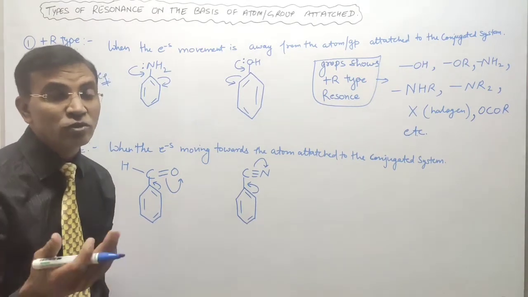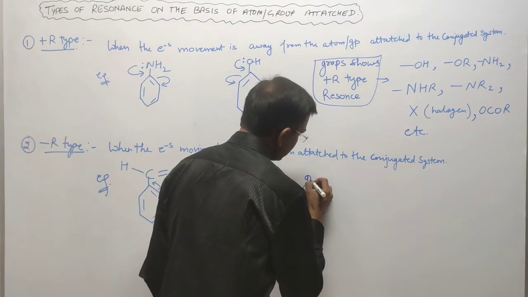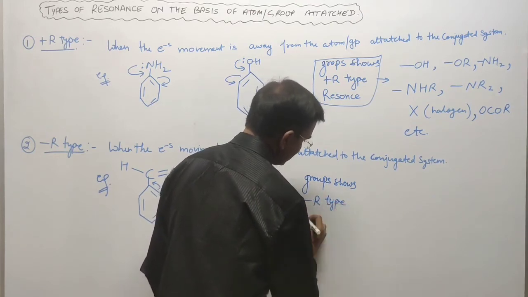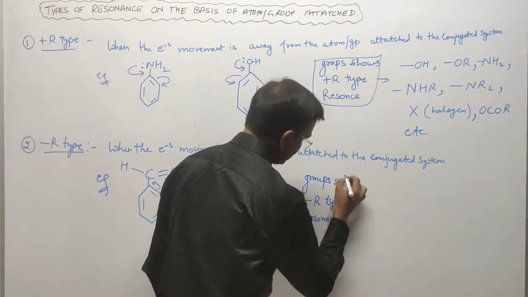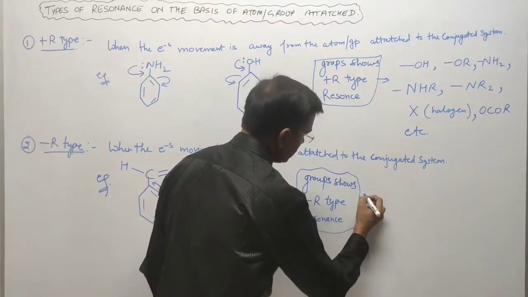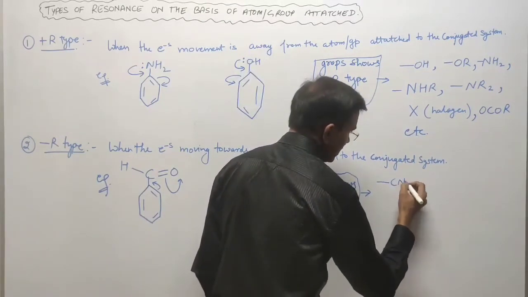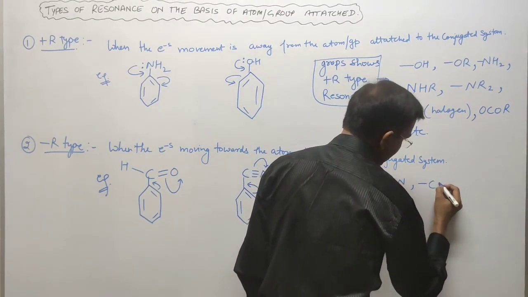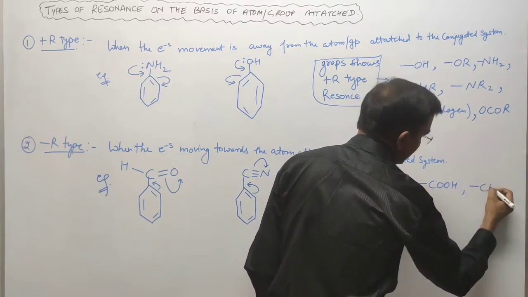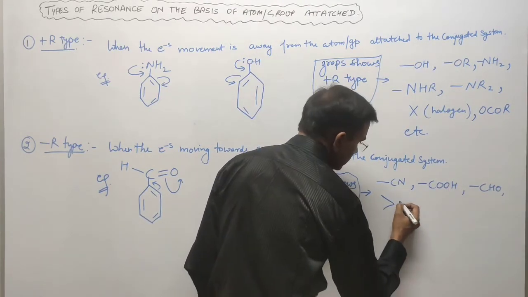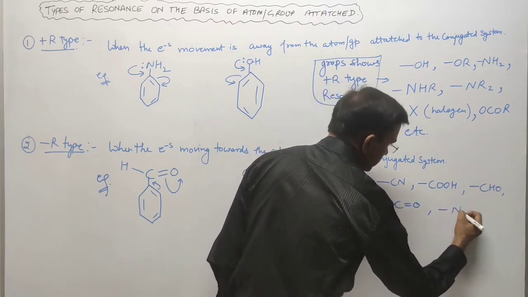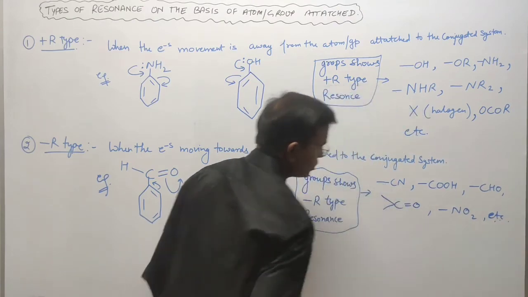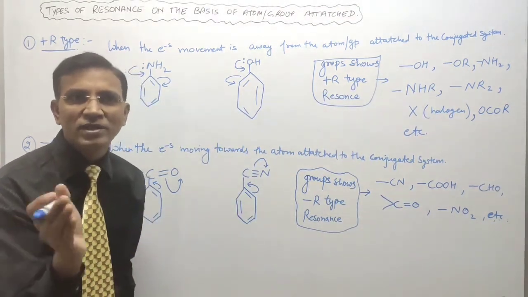Here let me tell you some groups which show the minus R type of resonance, right? Groups showing minus R type resonance, for example, CN, that is the C triple bond N, COOH, the acid group, the aldehyde group CHO, CO, the ketonic group, and NO2, the nitro group, etc. So these are some groups which show the minus R type resonance, right?